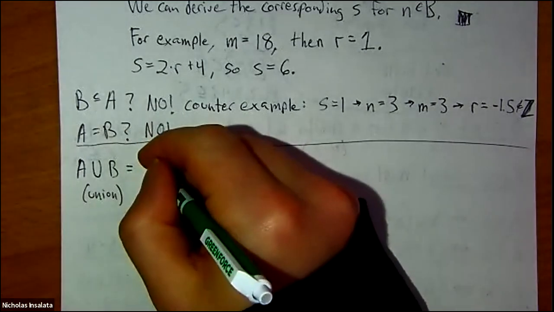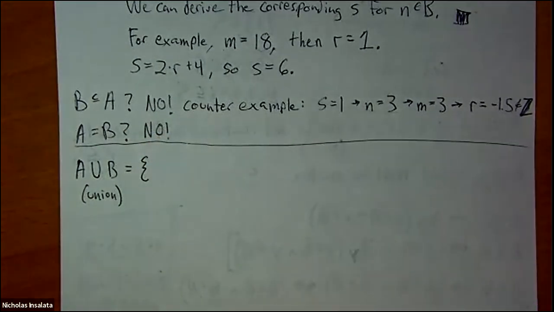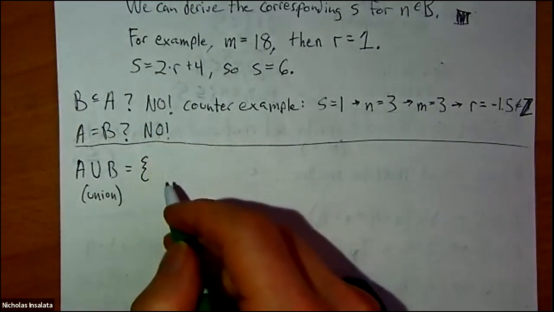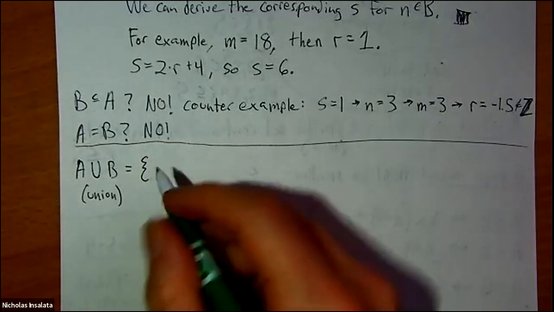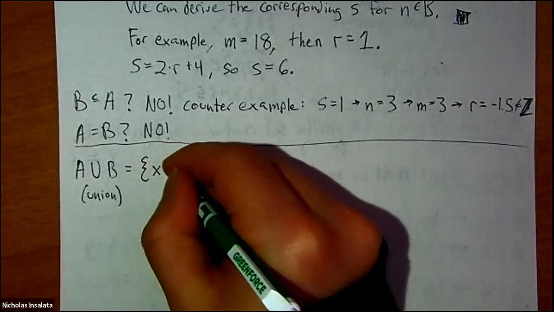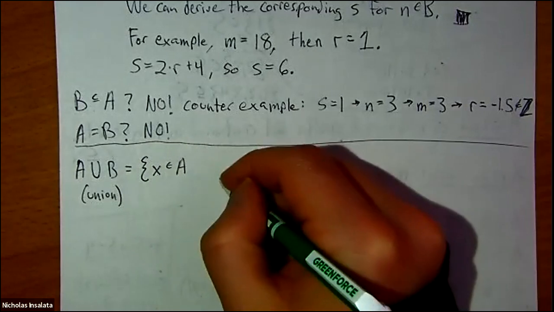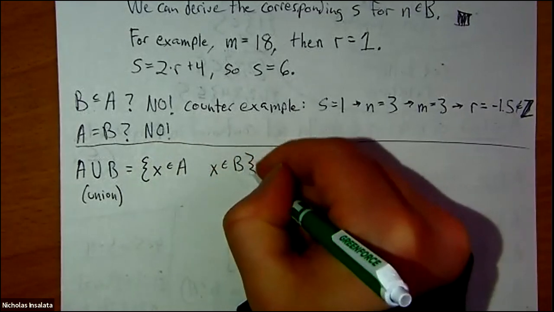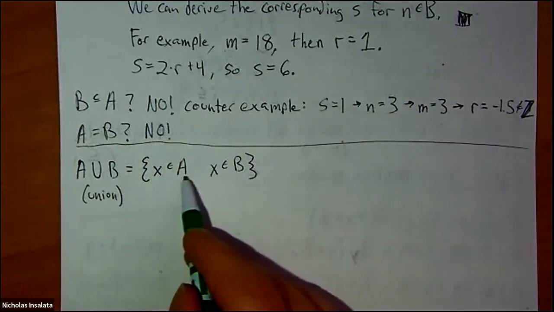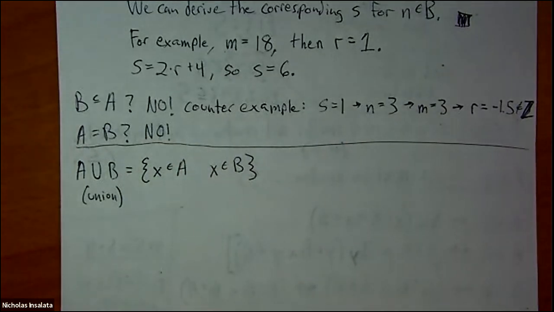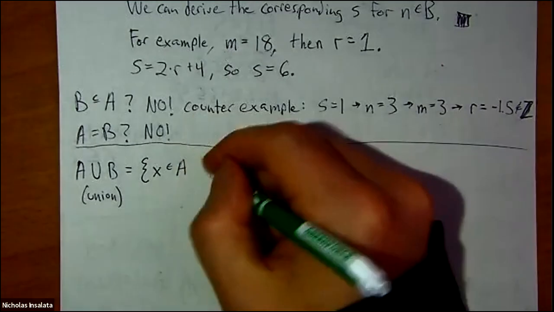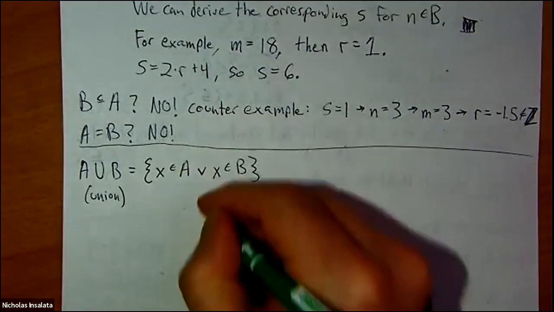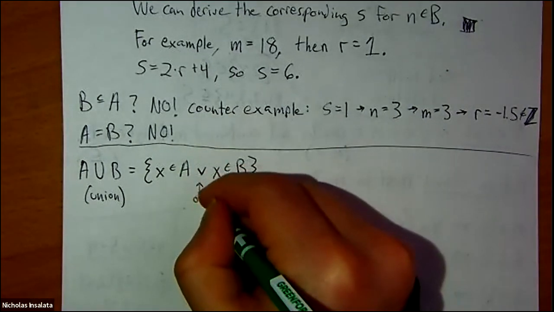So if I was going to describe this as a set, I would say, using a particular arbitrary element, X is an element of A, X is an element of B, and what's the logical connective I want right here? If I want a set that has elements from both, yeah, good, I want OR, right? This is the OR operator.